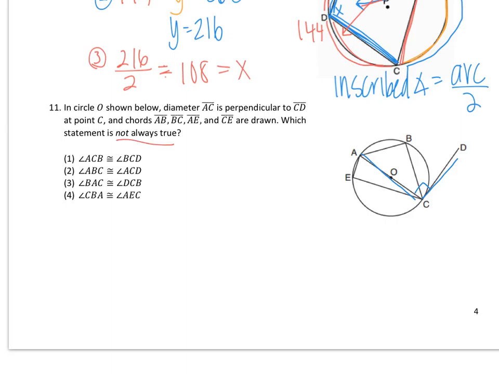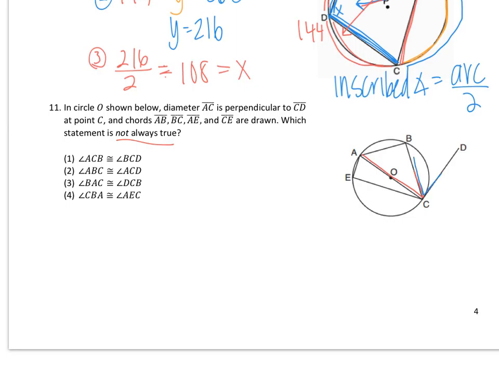So they tell us that angle ACB, I'm just going to start coloring these in on my paper. You don't have to color them on yours. It's going to get messy unless you have a pencil that erases. Otherwise, just follow along with me. The first choice says angle ACB is supposed to be congruent to angle BCD.